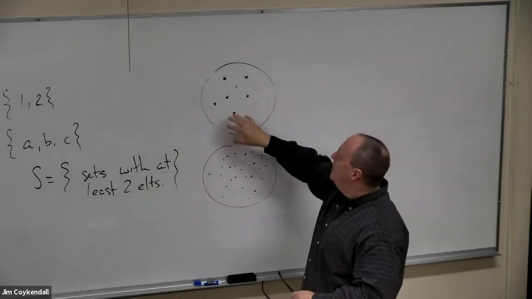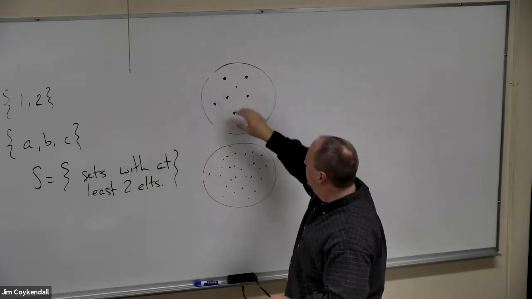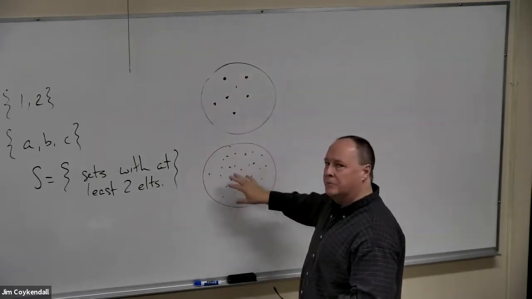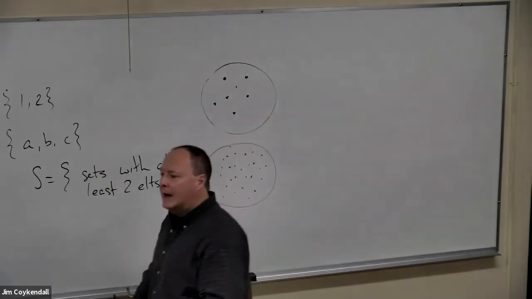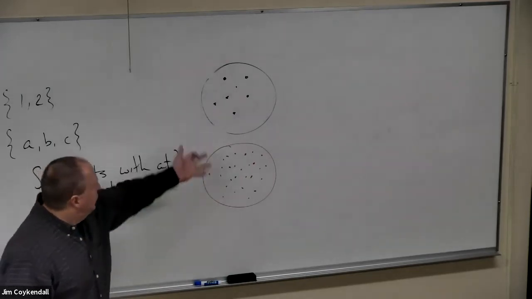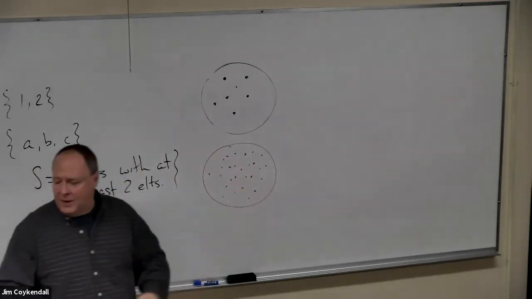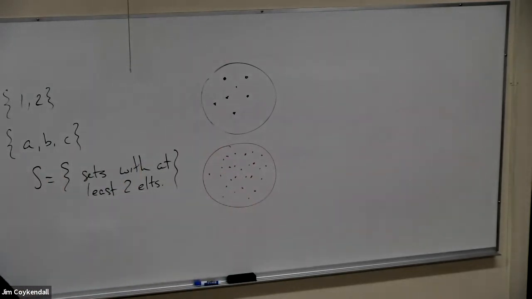I see this collection of black dots here, and I see that the red dots more than pair off. If I pair them off, I think I heard somebody say that, actually, there's going to be stuff left over. And this is an important principle in counting, especially when we get to infinite sets.